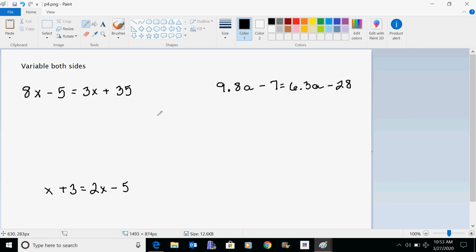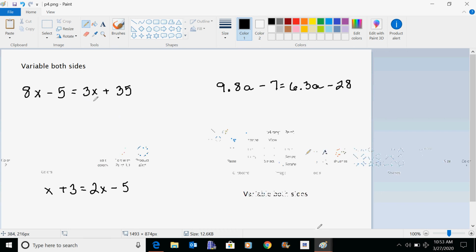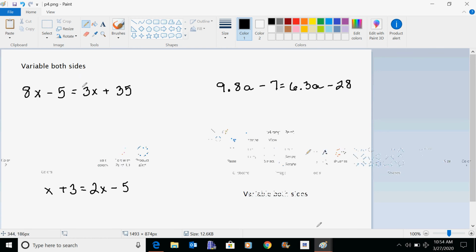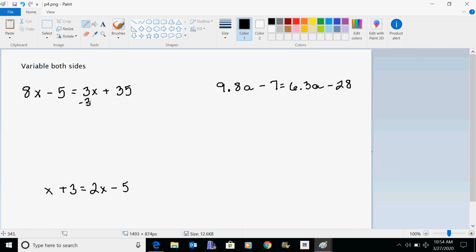All right, variable on both sides. This was specifically somebody's question. You've got a variable on both sides, so you have to make your problem so you have a variable just on one side. So I need to take away 3x from both sides. And by the way, on your quiz, I was pretty generous when I said, what do you do on both sides?